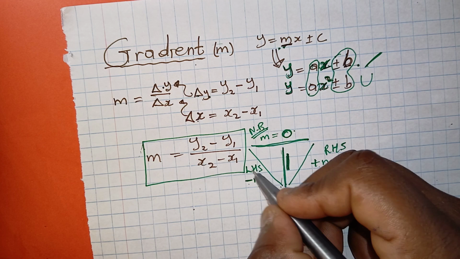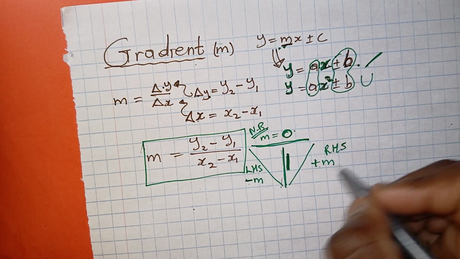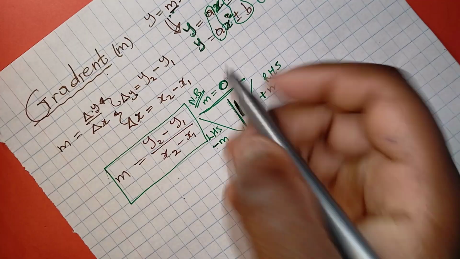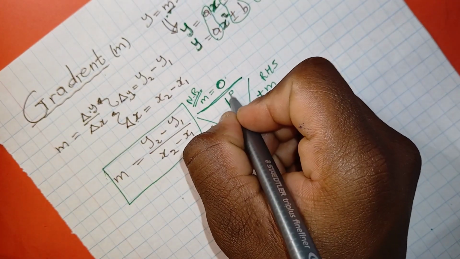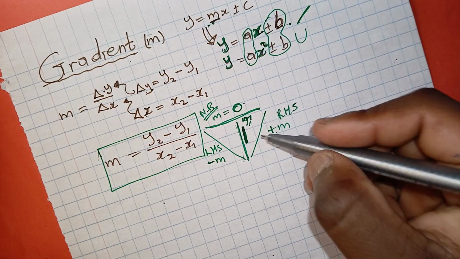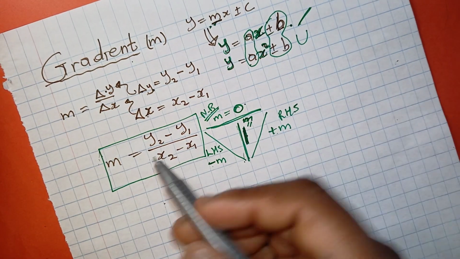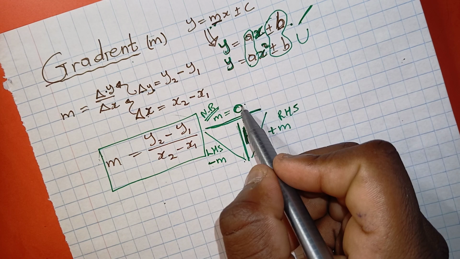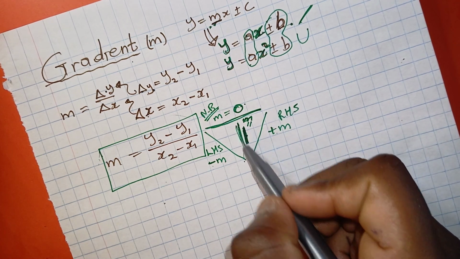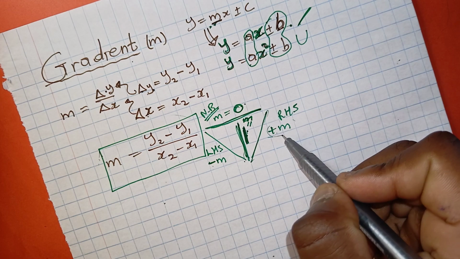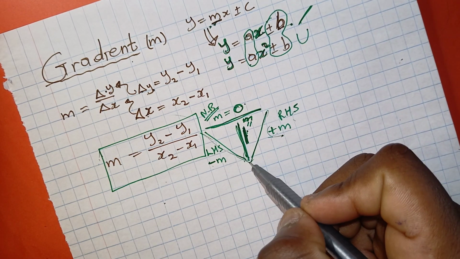This one is your head, right hand side, left hand side, and now this is your body, and it has a gradient which is undefined. So if you use this equation for this one, you'll get 0. But if you use it here, you'll get undefined. If you use it for this one, you'll get a positive answer, and for this one a negative answer.